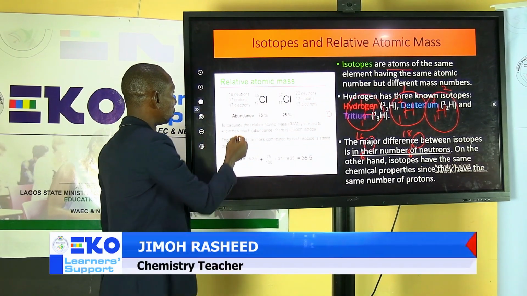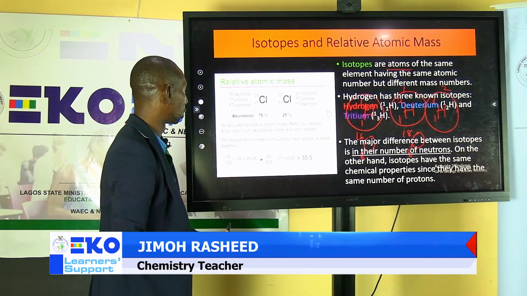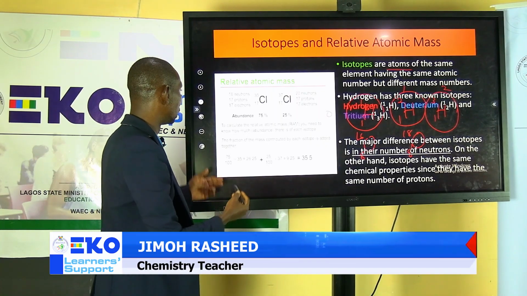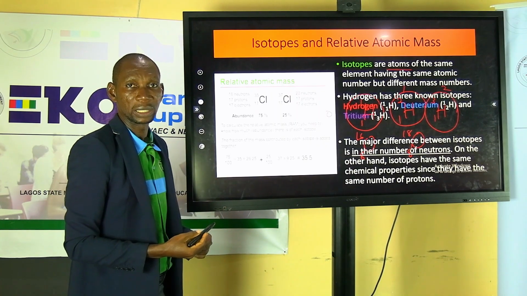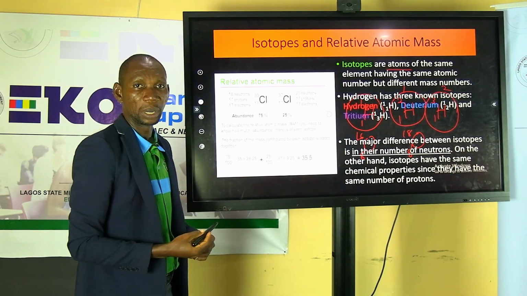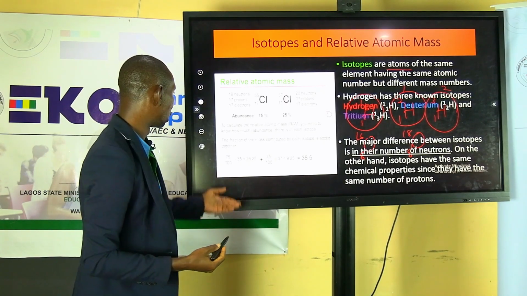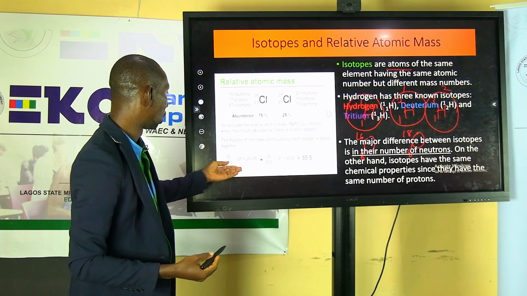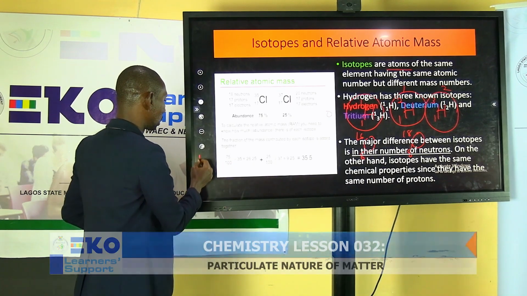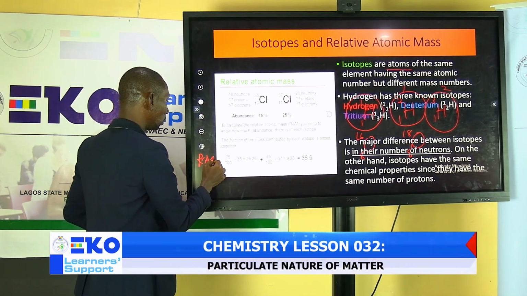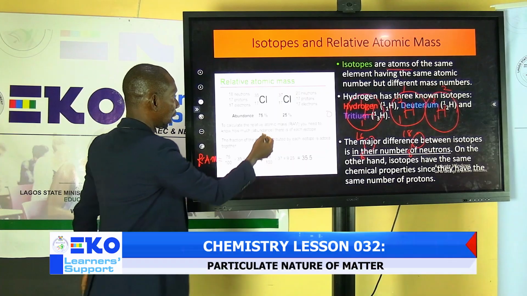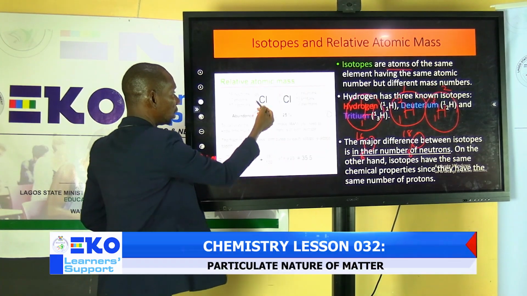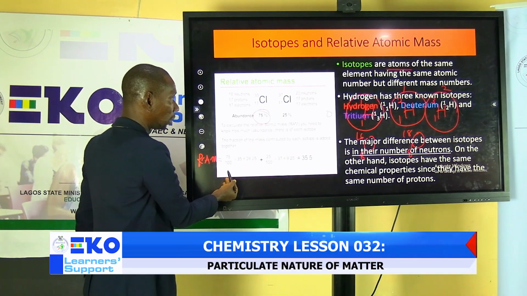Okay? This is an illustration of how you can derive the relative atomic mass from the relative abundance of isotopes. And you can see here, we have two isotopes of chlorine, 17 and 35, and 17 and 37. What is done to get the relative atomic mass, what we call RAM, here is simply that this is the relative abundance of these isotopes. That's 75 divided by 100.